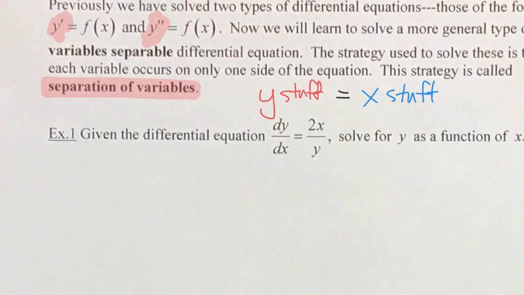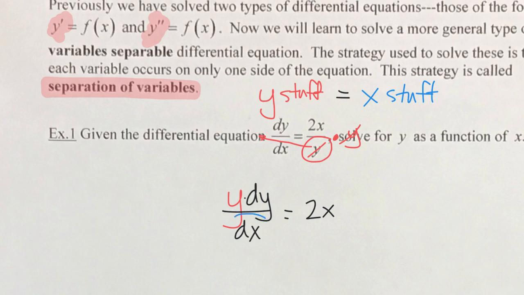Separating means we need to take this y value here in the denominator and move it to this side. And we move a denominator by multiplying. So now we have something that looks like y times dy divided by dx equals 2x.